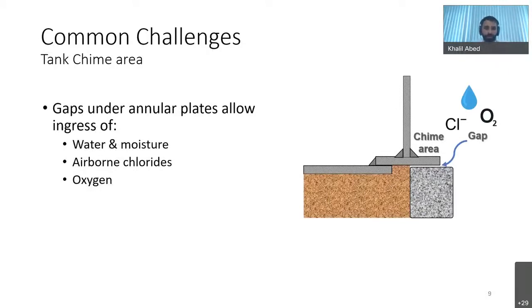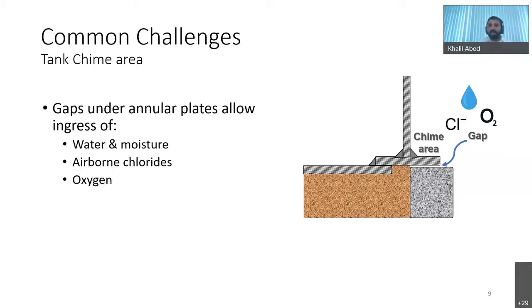One contributor, and a main one, to soil side corrosion is the presence of gaps between the annular plates and the tank ring wall. Such gaps allow the ingress of moisture, rainwater, and fire sprinkler or tank deluge systems, creating water pooling and ponding around the base of the tank.